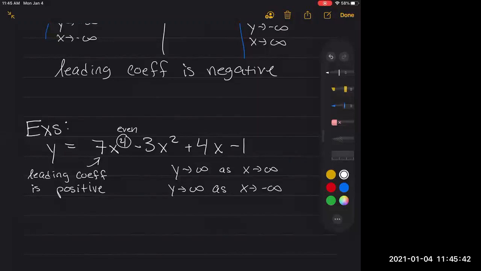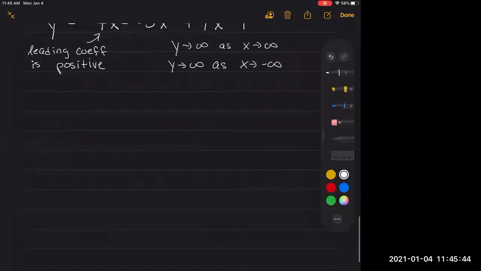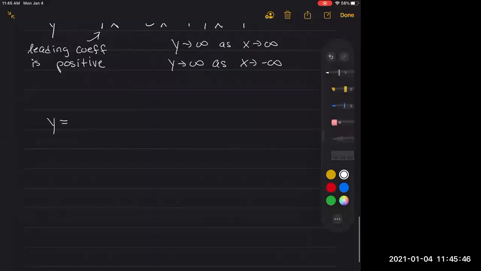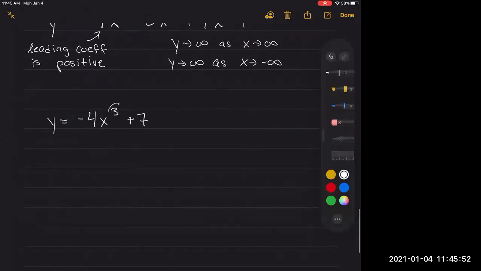And then for our next example, we will have y equals negative 4x cubed plus 7. This is an odd degree, and our leading coefficient is negative.